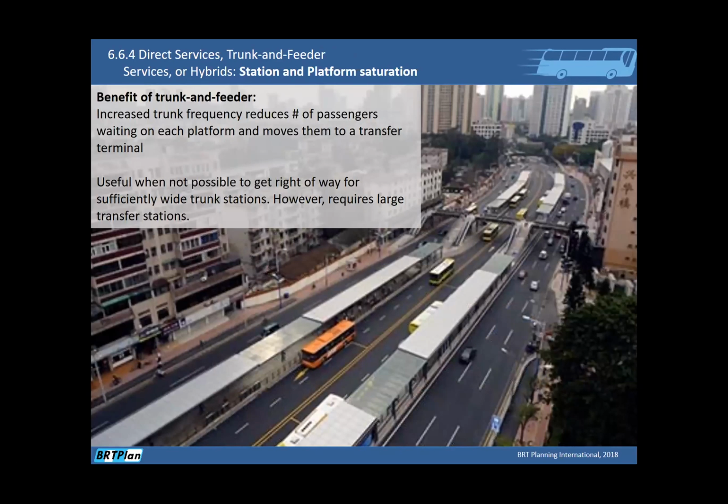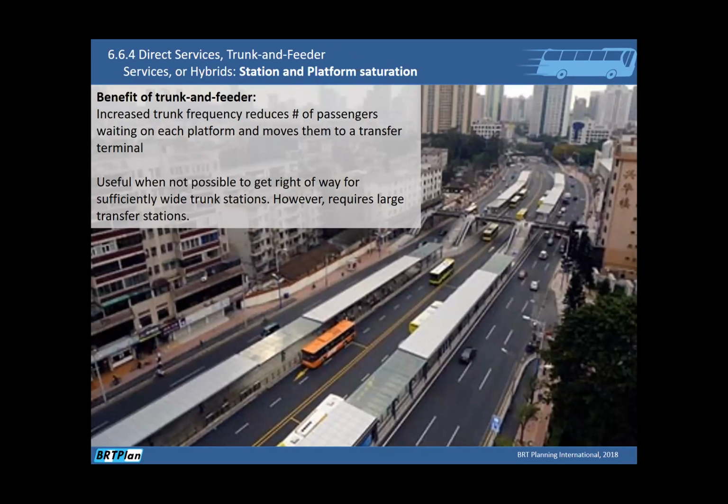Now, there is another circumstance where trunk feeder might solve a lot of your problems. A trunk feeder system is going to reduce the number of different routes on your trunk to 1 or 2. So you have T1, T2, something like this.